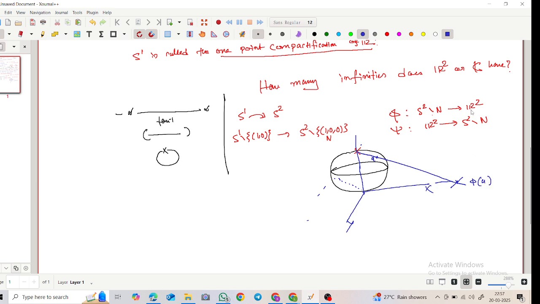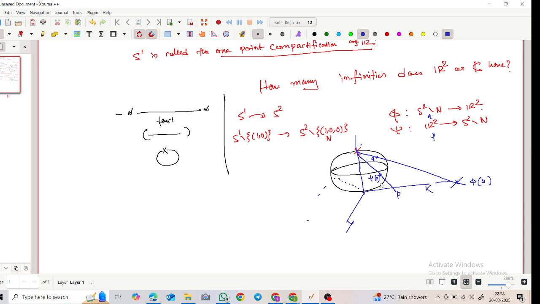And similarly, if you pick up a point P in R2, you join P with the north pole, and exactly where that line cuts the sphere, that is the image of P under the map psi. So the map is clear.